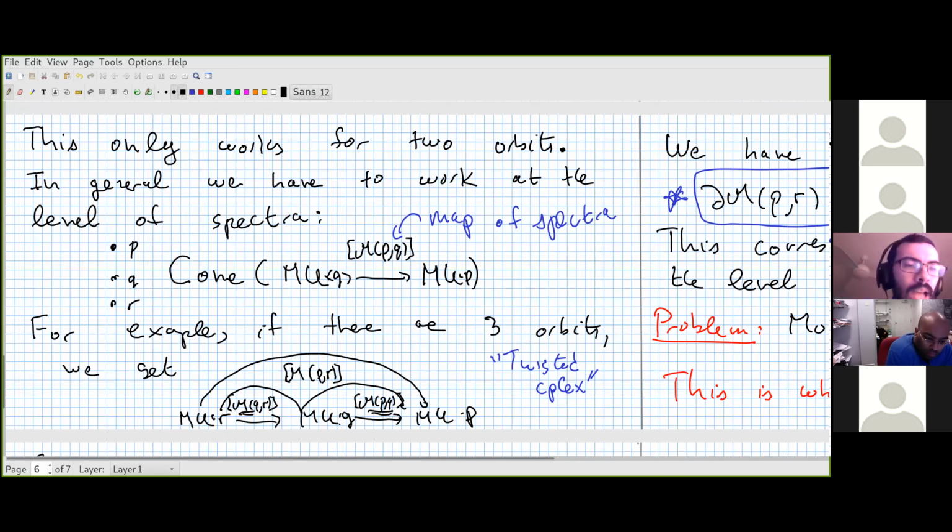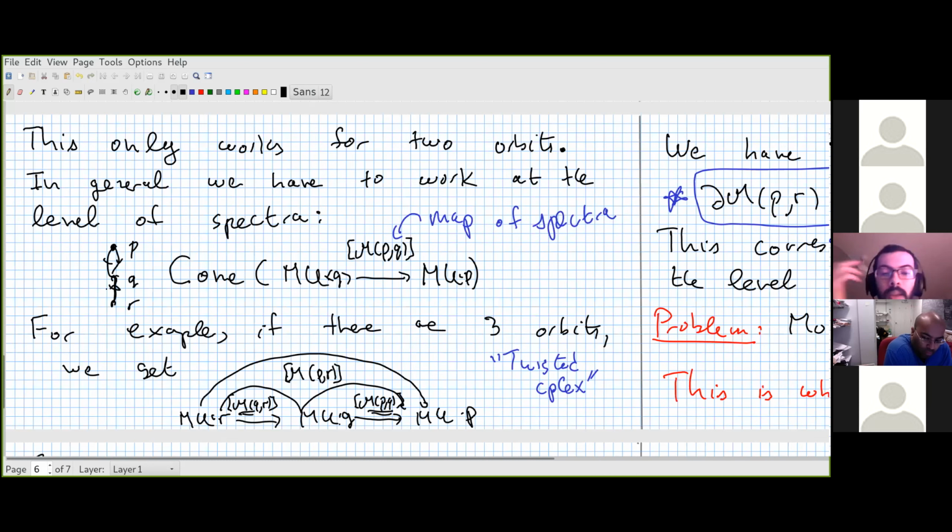Okay. And so now the moduli space between P and Q, this is fine. This is a closed manifold. And the moduli space between Q and R is also a closed manifold. So these are elements of the Burnside ring.